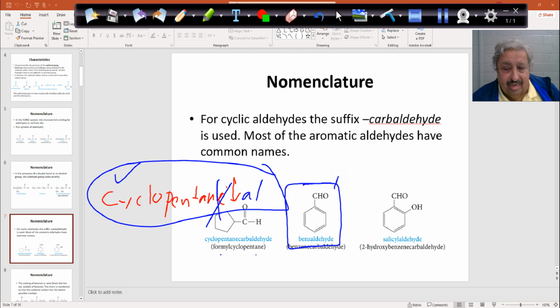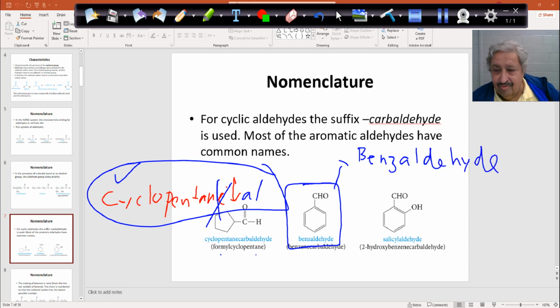But this one here, the common name and the IUPAC name are the same. This is benzaldehyde. Now, if I want to name it differently, let's take this one, you have to add carbaldehyde to it.